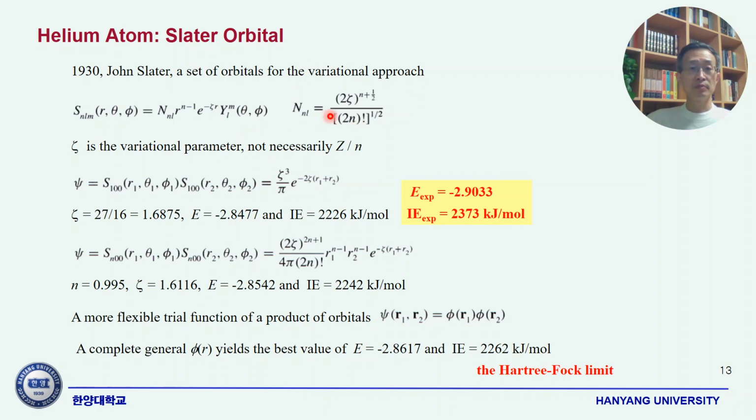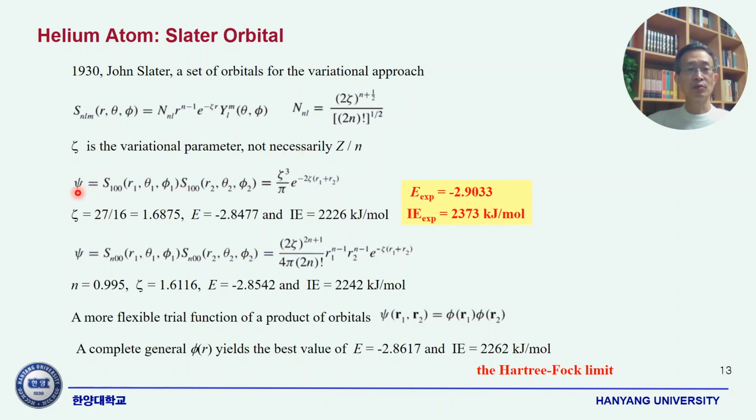Okay, so this is the normalization, and then zeta is the exponential factor here. Zeta is the variational parameter. It's not necessarily the nuclear charge capital Z. That is what we call zeta, in Greek. Zeta is the variational parameter.